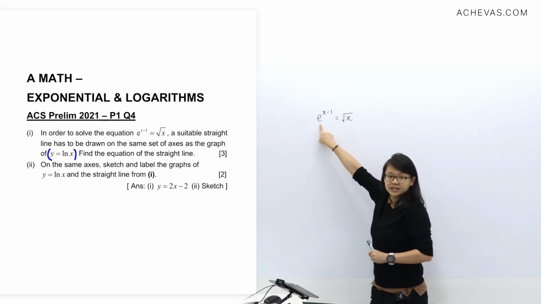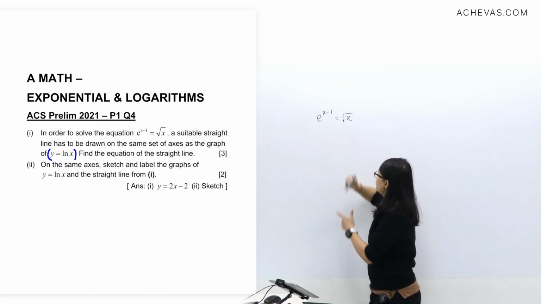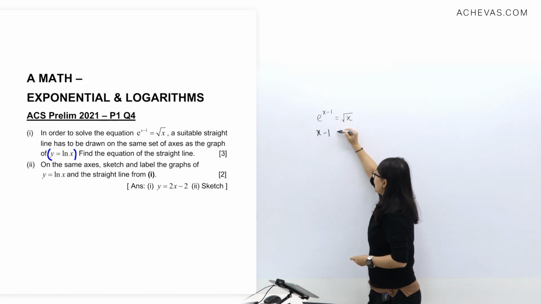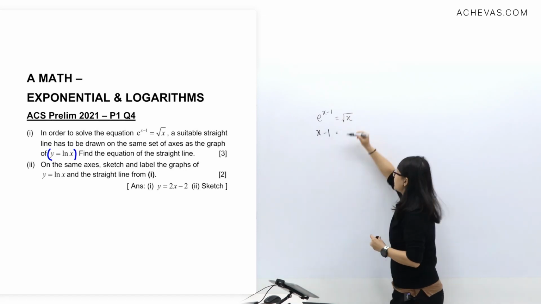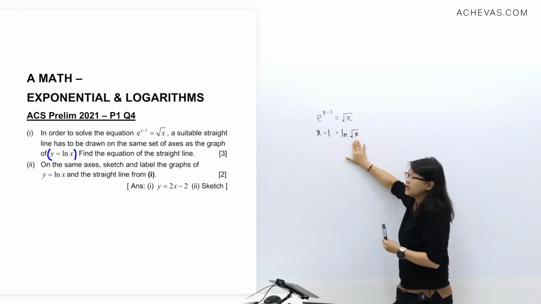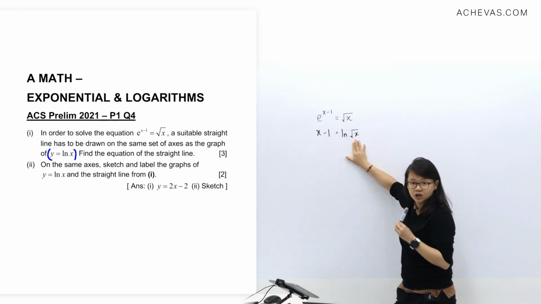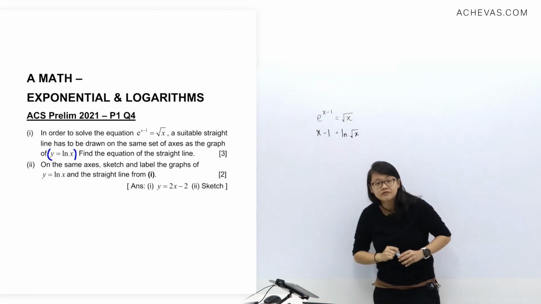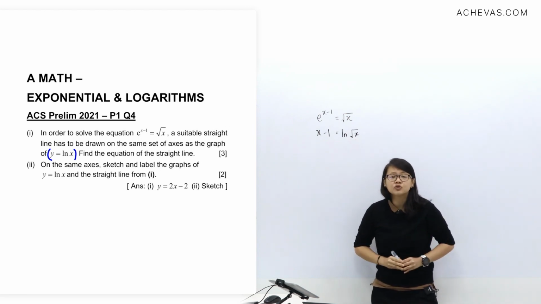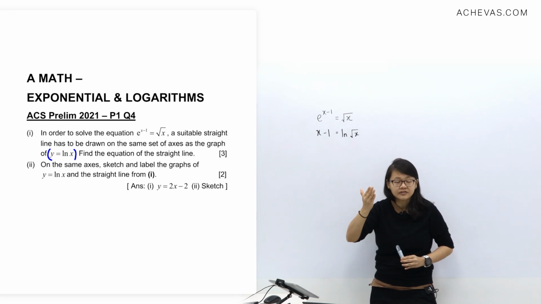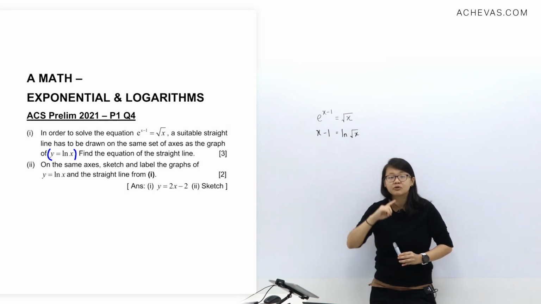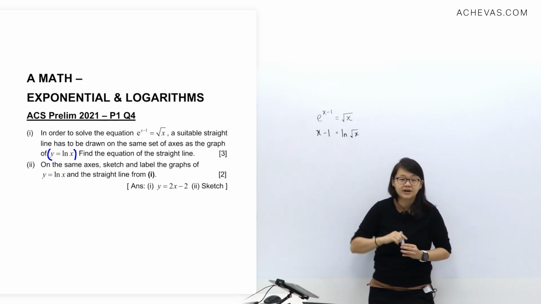When you take ln on e, they will get cancelled, so you're left with x minus 1. All right, so I'm going to take ln on the right hand side as well. Here, we need ln x, not ln square root x, so we have to deal with the square root. We all know square root is raised to power half, and based on logarithm law, I'm going to bring the half to the front, okay?